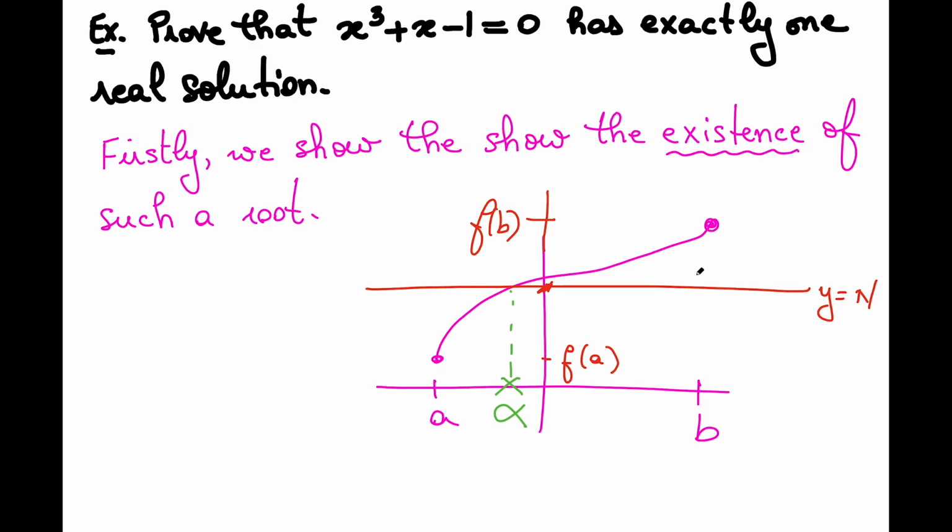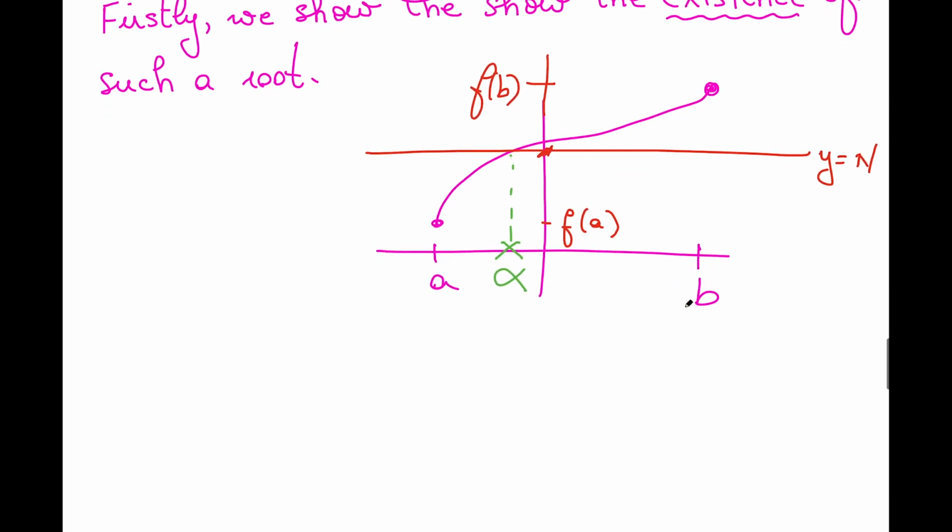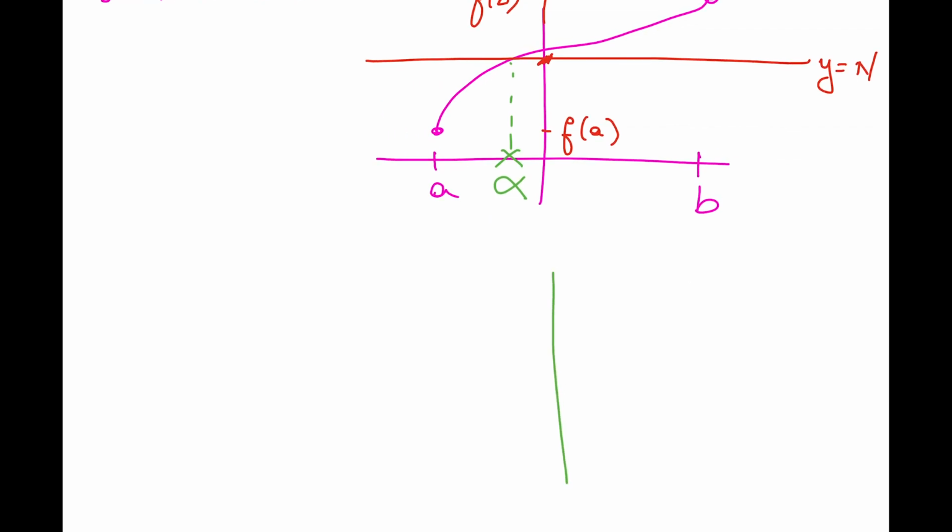So what I'm talking about is a graph like this. If the function goes from this level to this level continuously, somewhere the function crossed the x-axis. So there exists a number here, let's say this is alpha, so that f of alpha is equal to 0, if I manage to show that the function passed from one half plane to the other. All right, so this is the idea here.